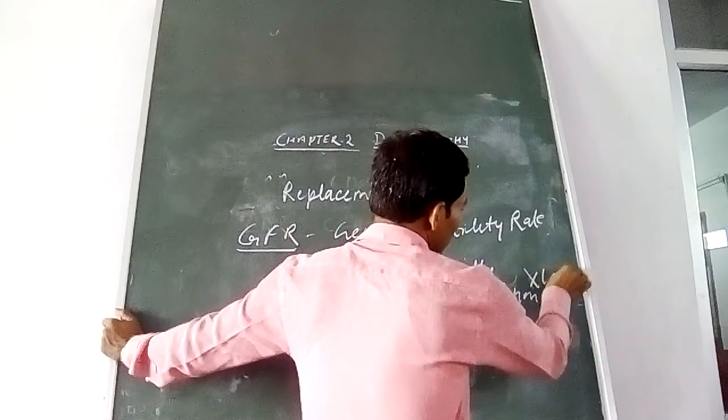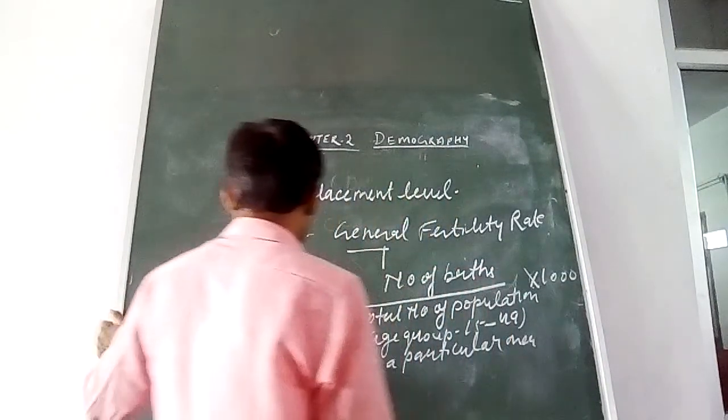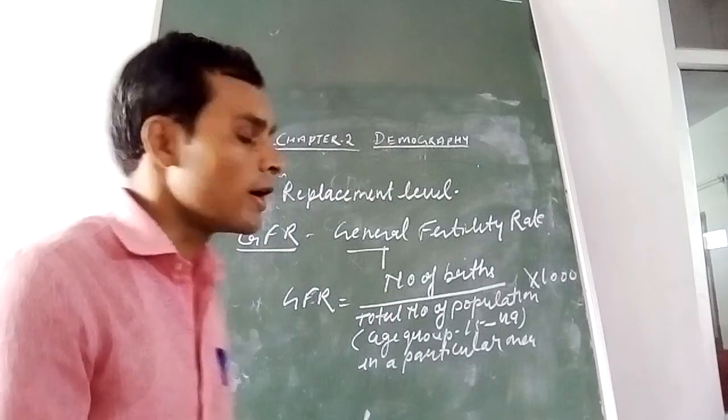It is also calculated per 1000. So this is the general fertility rate.